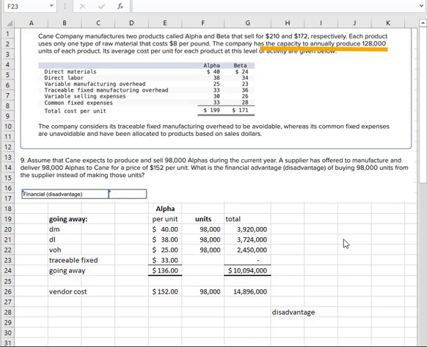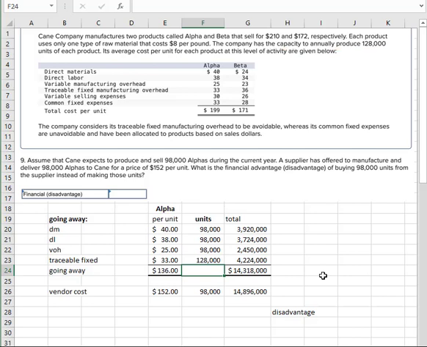Here, the volume they're using is capacity. So even though they're going to be buying and stop making 98,000 units, that traceable fixed was calculated based on that capacity. So that makes a difference here.